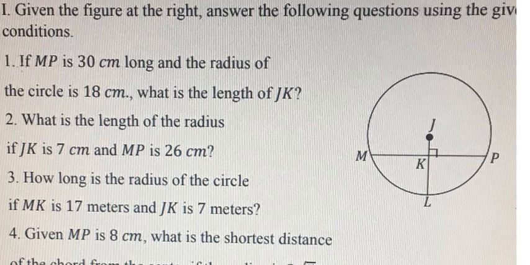Question number 1. If MB is 30 centimeters long and the radius of the circle is 18 centimeters, what is the length of JK? So now I will show you how to answer. We know that J is the center of the circle. So from J to B, that is the radius.